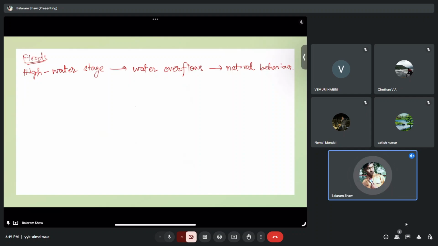Based on the flood damage data from 1953 to 2017 in India, the Central Water Commission has reported that floods inflict damage worth around 5,000 to 6,000 crore rupees annually. So you can understand how big an economic loss we face with floods in just one year. With that, we are clear on what a flood is. Now we'll move to the types of flood.